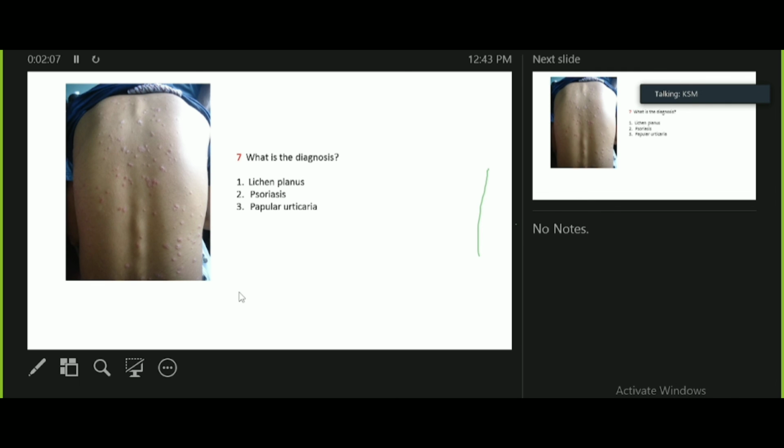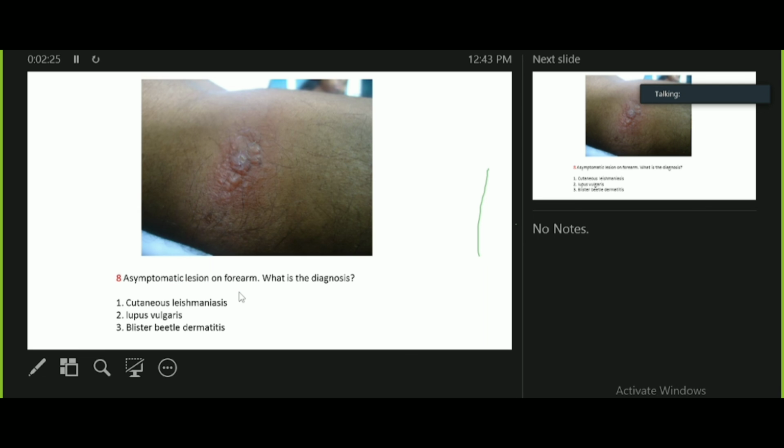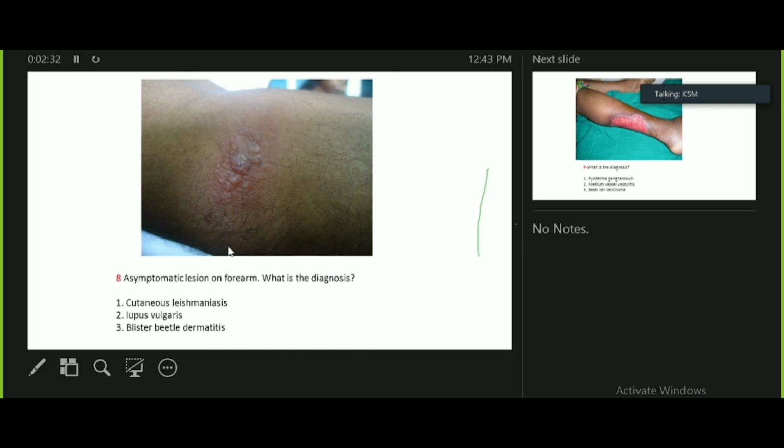Diagnosis here, psoriasis. This is a patient with guttate psoriasis. You see the salmon pink color small plaques and papules with silvery scales. Lichen planus is more seen in the limbs than the trunk, less common in the trunk. This one, cutaneous leishmaniasis, indurated plaque with surrounding hypopigmentation on exposed areas due to sandfly bite.